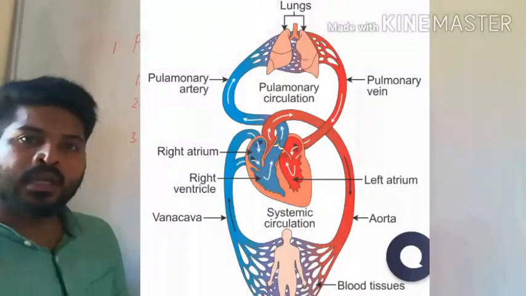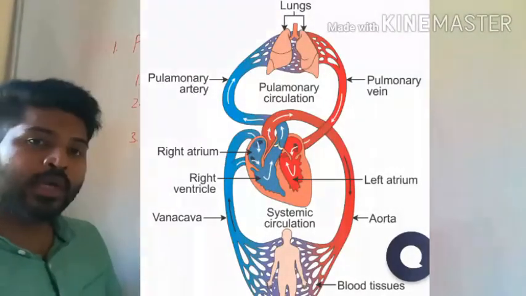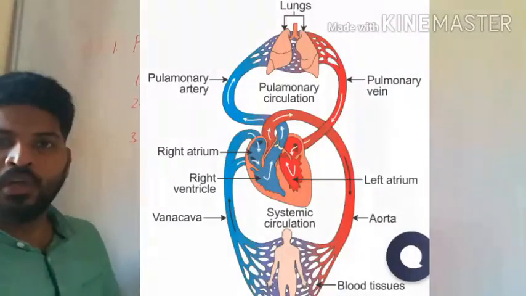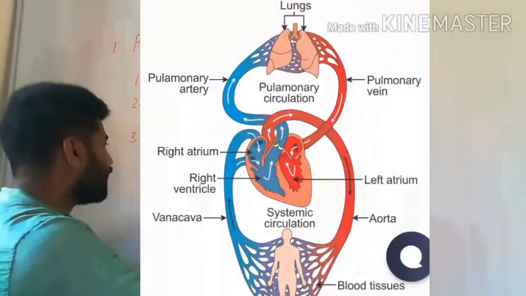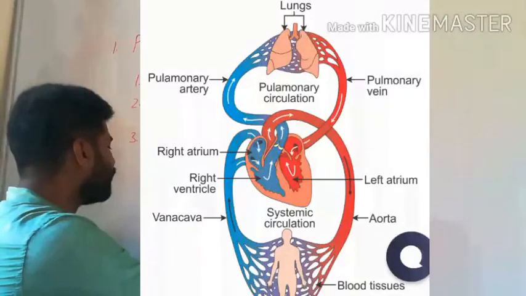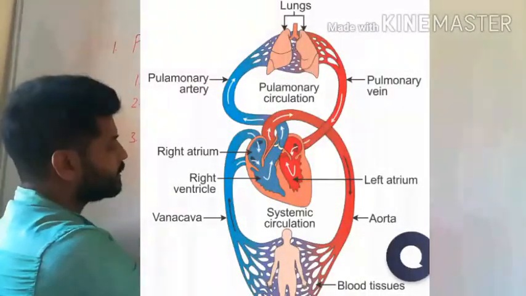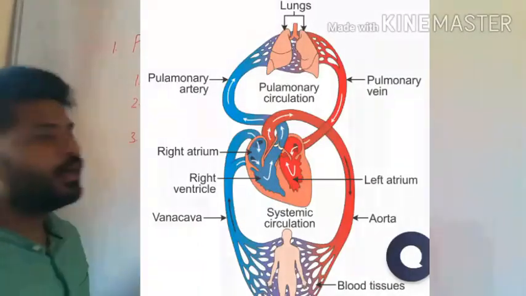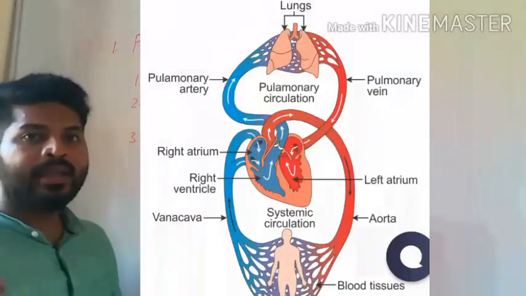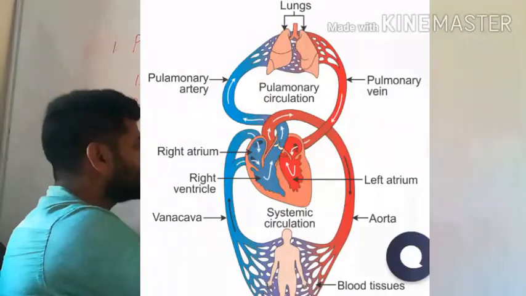Deoxygenated blood means it has a higher concentration of carbon dioxide and a lower concentration of oxygen. This deoxygenated blood is then taken to the heart, where it is taken into the right atrium, marked as RA.